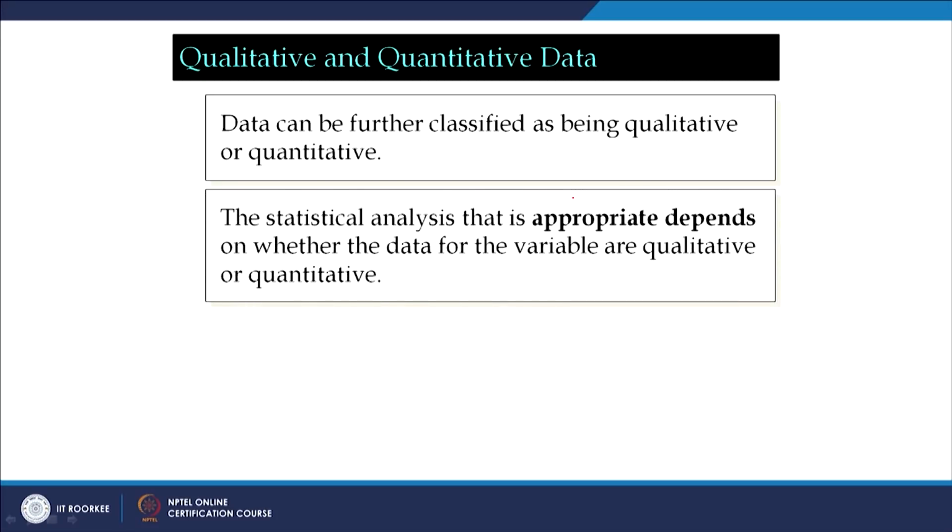So, you can have data again in terms of qualitative data and quantitative data. In earlier sessions we have said that you can have primary source of data and secondary source of data. So, you can have another classification of data, qualitative and quantitative. Now, what kind of analysis you are going to do on data?